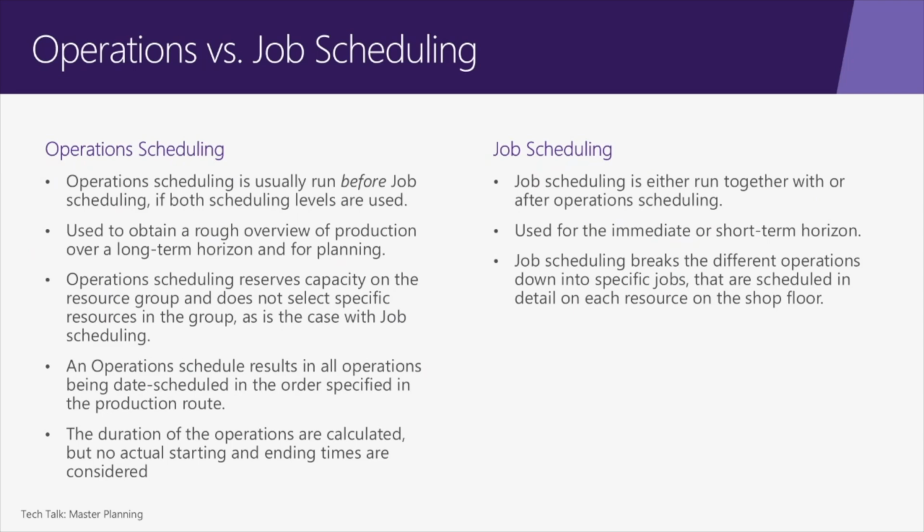If you have a group of machines, the operation scheduling side will only look at capacity for the entire group and determine whether we have enough capacity to plan for the production on that day. On the job scheduling side, it will actually try to determine which machine inside that group I need to schedule this particular production order on. So that's the difference between operation scheduling and job scheduling.